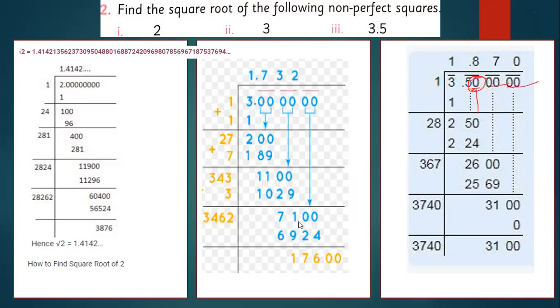So you have to pair them. First bring down this 50, this becomes 250, and double it, so that is 2. Now by a table of 8, you can do this one. Okay. And then the next step, bring these 2 zeros, again these 2 zeros. So that's 1.870 is the answer. Okay, will you try? The solution is already there.